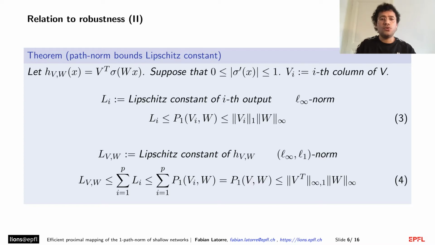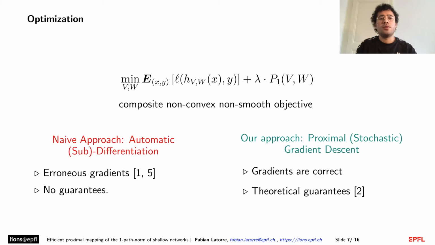Then, equation 4 states that the one-path norm upper bounds the Lipschitz constant of the network when the norm in the input is the infinity norm and the norm in the output is the L1 norm. Again, the bound is better than the layer-wise product bound. We conclude that it is desirable to regularize using the one-path norm to obtain both a low generalization gap and robustness to perturbations.